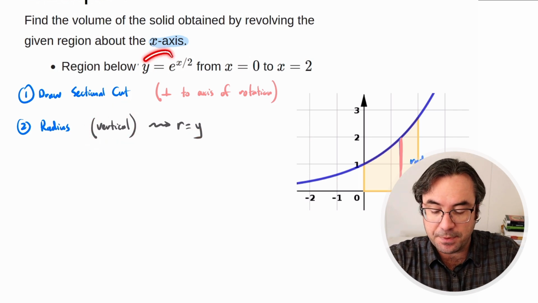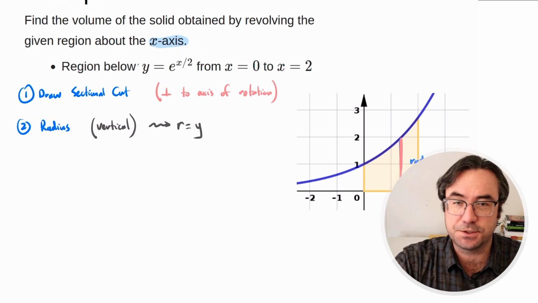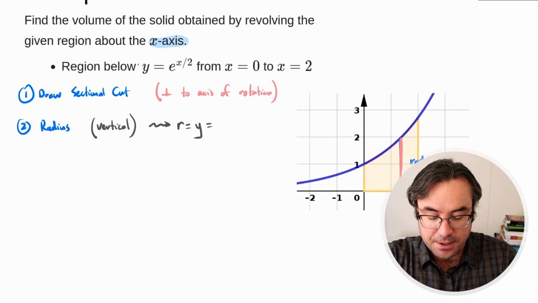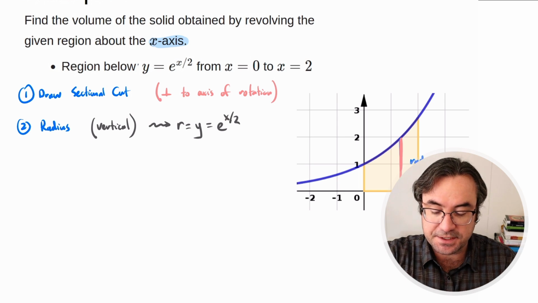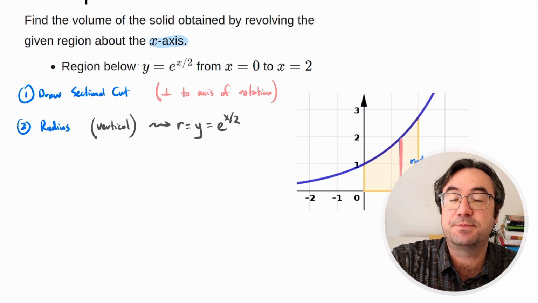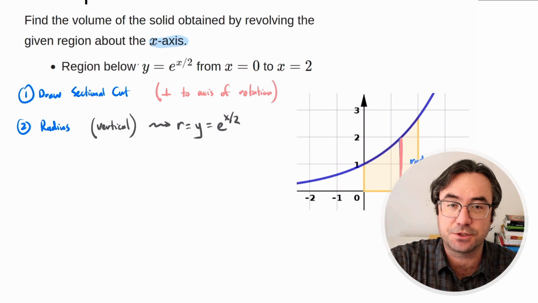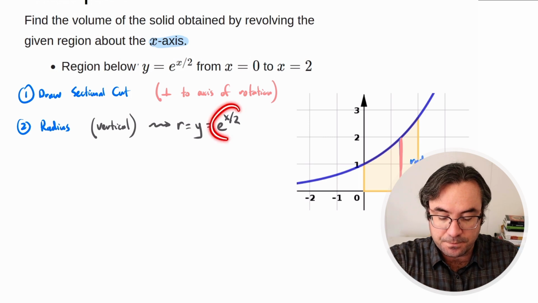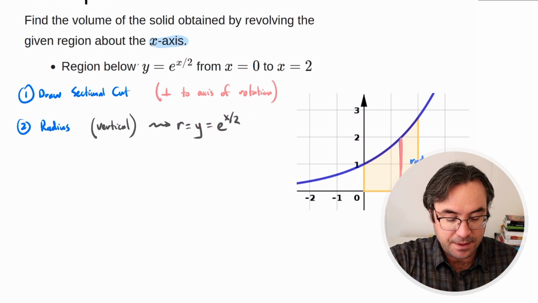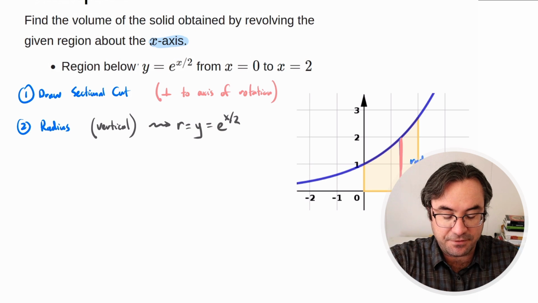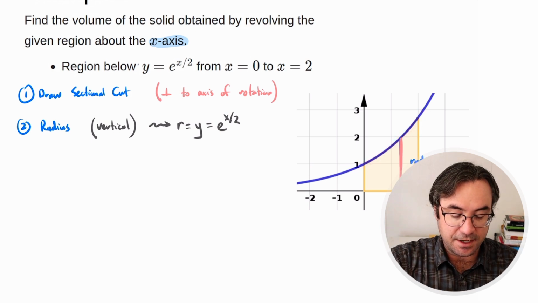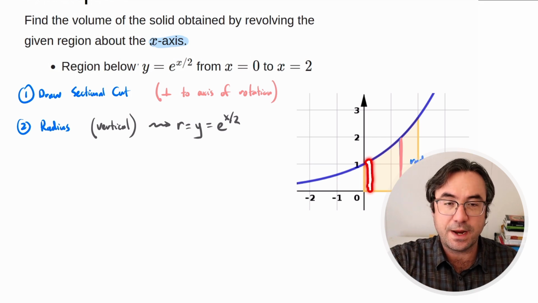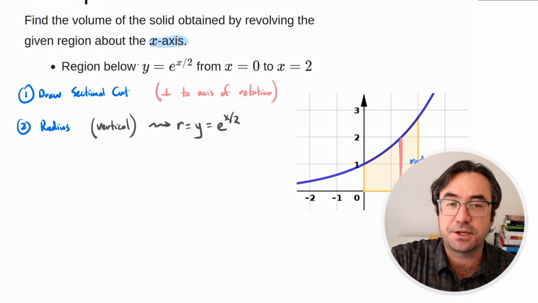We just so happen to know what y is actually equal to. In this case, it's an exponential function, y equals e raised to the x over 2. So any point on this curve is telling us what the radius is for that particular x value.